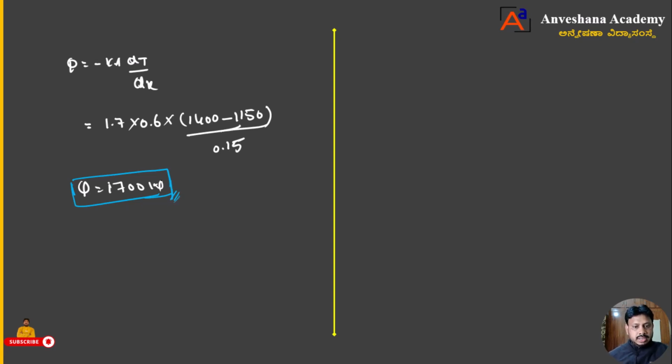Dear students, how did we get this final unit as watt? Let us see. We know Q is equal to kA dT by dx. Substitute the units. The unit for k is watt per meter Kelvin, area is in meter square, dT is in Kelvin, and dx is in meter.